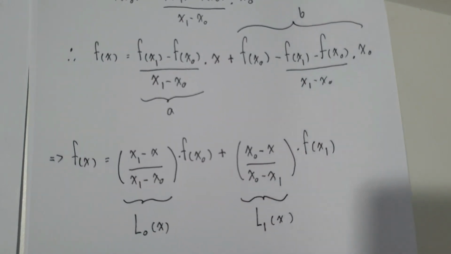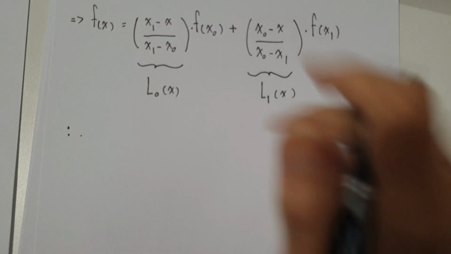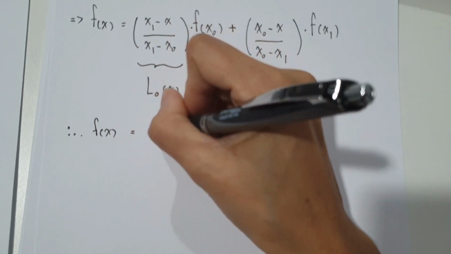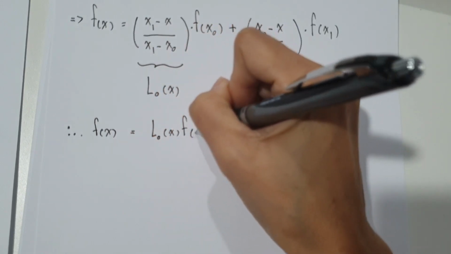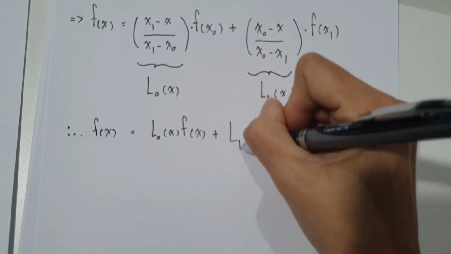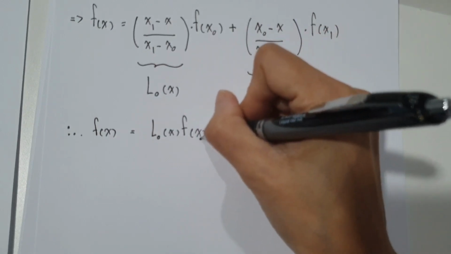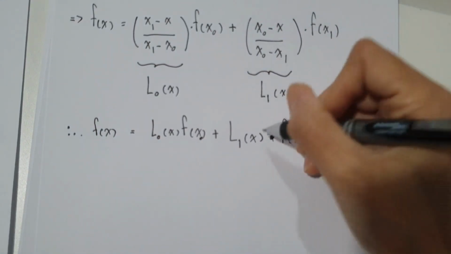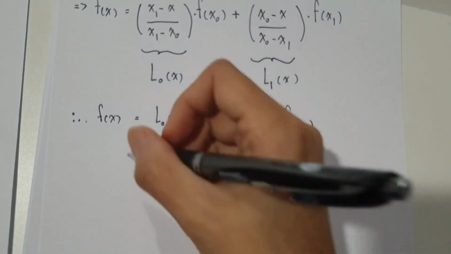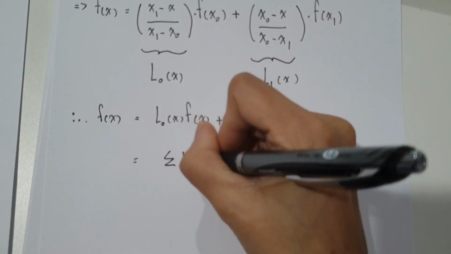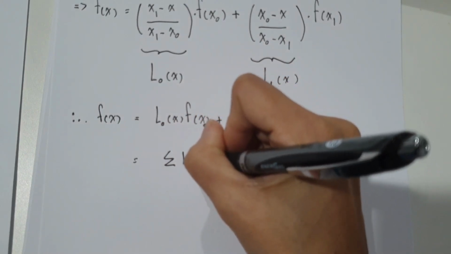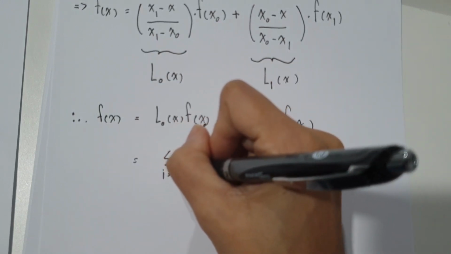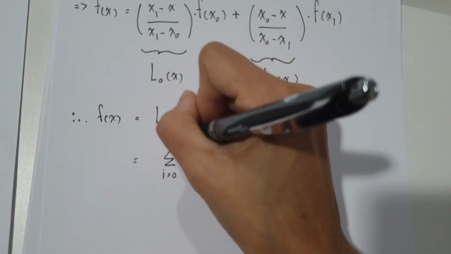So the general formula represents the function f(x) as L0(x) times f(x0) plus L1(x) times f(x1), or we can write it as the summation of Li(x) times f(xi), where i equals 0 to n.